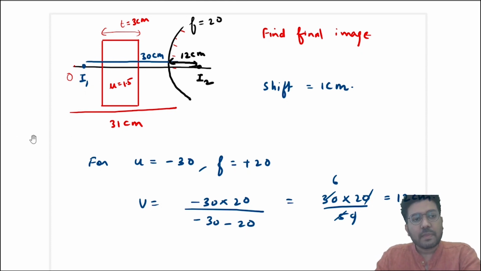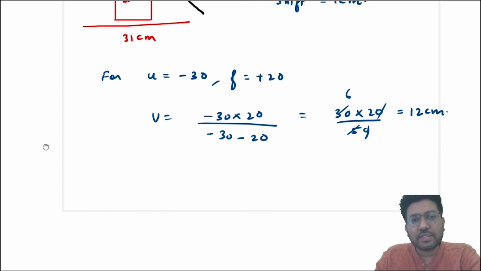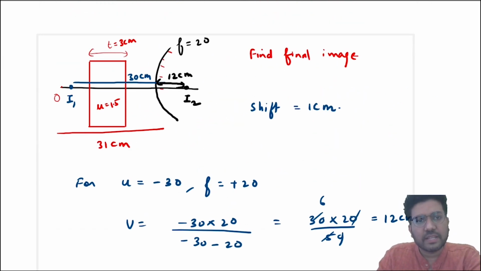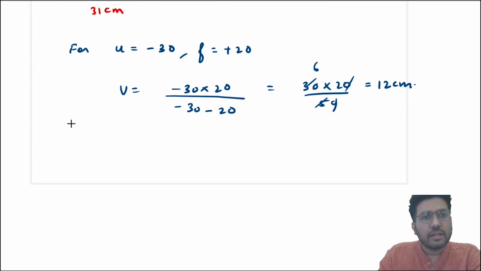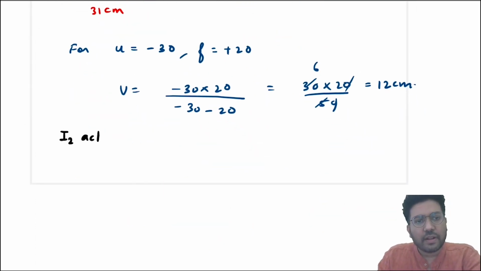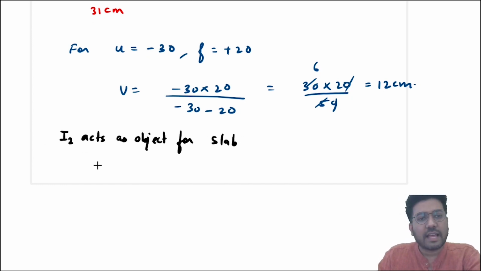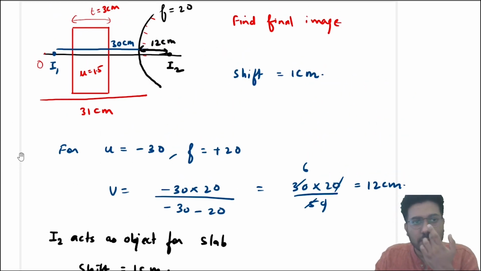Okay, but I2 is again an object for the slab. Why? Because ray of light after reflection from this will again strike the slab. So I will write here I2 acts as object for slab, right? So if I2 acts as object for slab, then there is again a shift of 1 centimeter, because shift is not dependent on the position of the object or the observer or the slab.